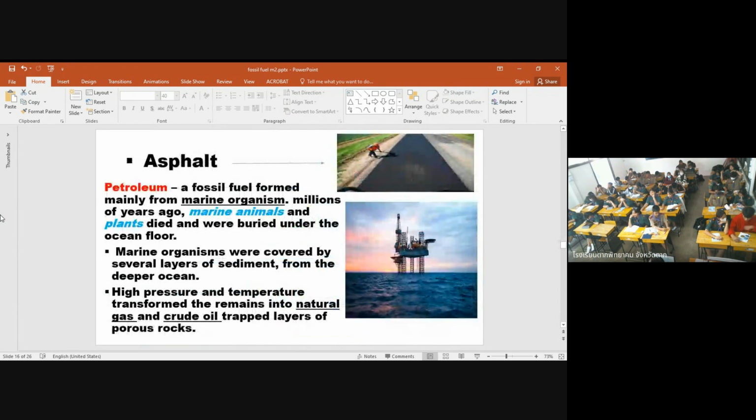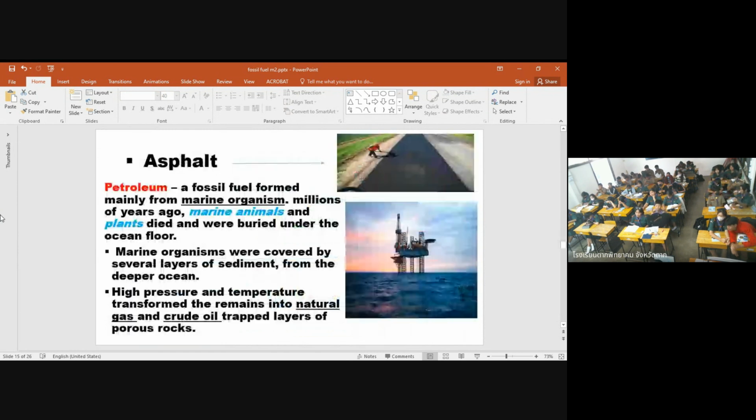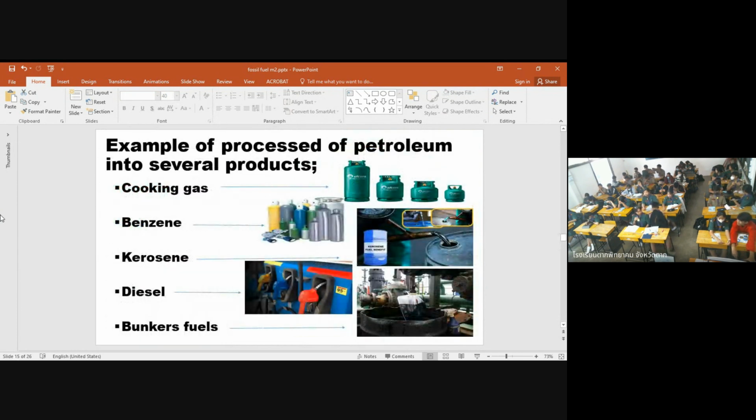And also your asphalt. This one is just for making roads. So again, we have your cooking gas, benzene, kerosene, diesel, bunker fuels, and asphalt. These are examples of the process of petroleum into several products.